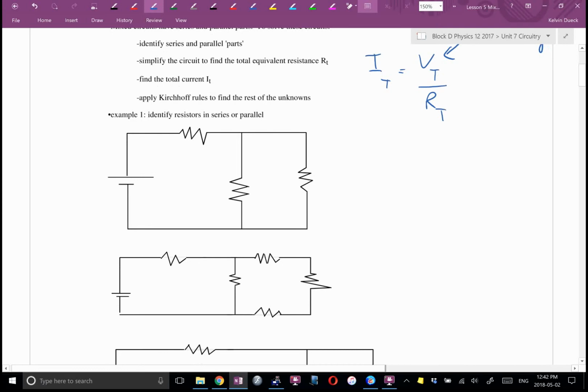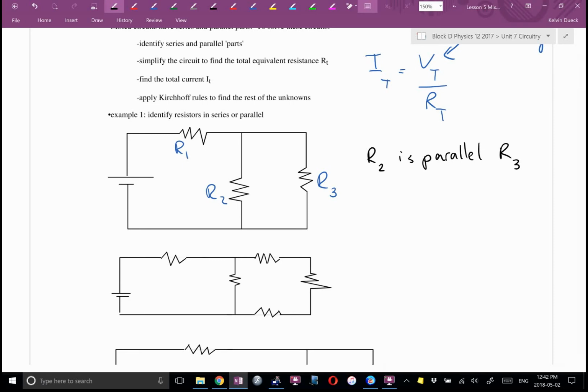In this top circuit here, you know what, let's call this R1, R2, and R3. Can you tell me two resistors that are in parallel? R2 and R3? I could combine those as 1 over R2 plus 1 over R3, reciprocal.